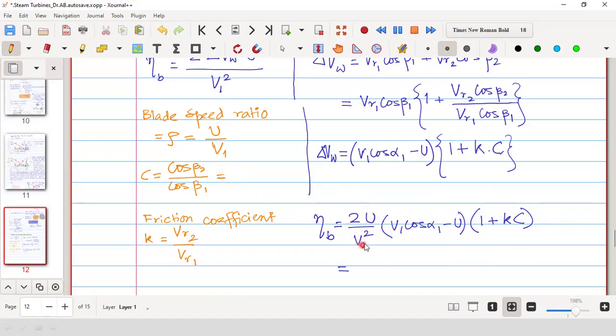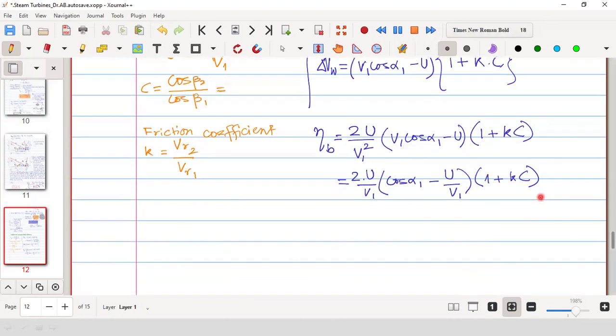I will keep one V1 with this U and another V1 here, so that one V1 cancels, and another it will be U by V1, that will make it rho. So it is 2 U by V1 multiplied with cos alpha 1 minus U by V1, 1 plus KC.